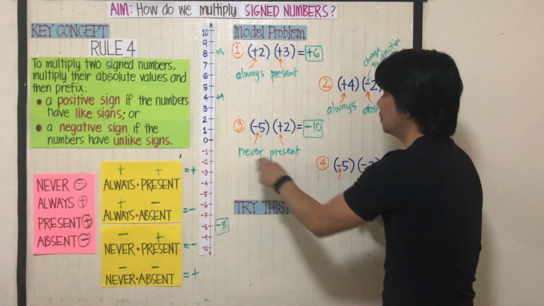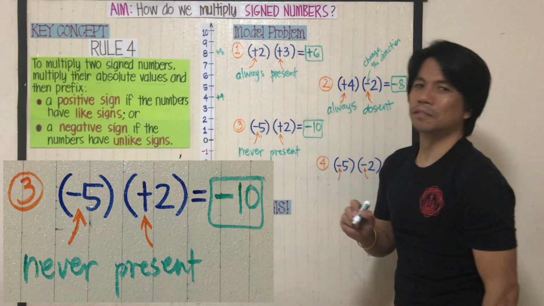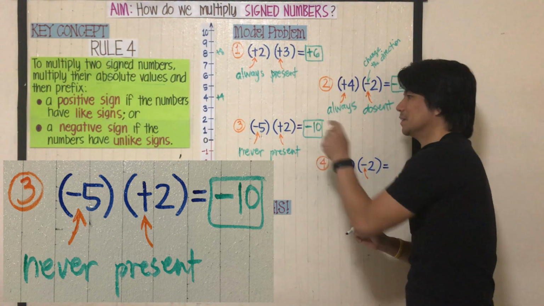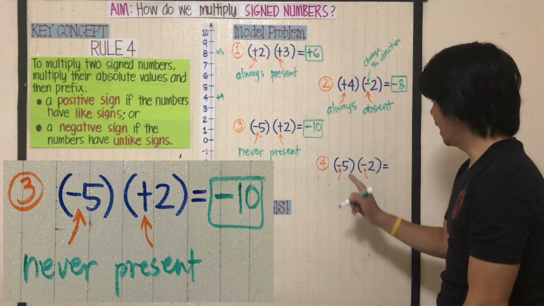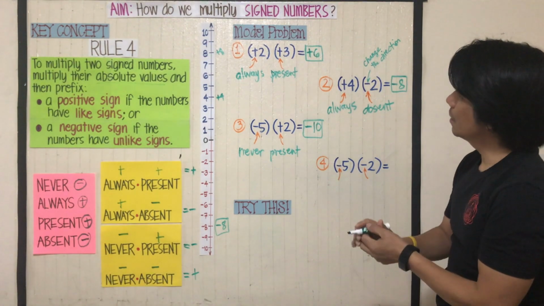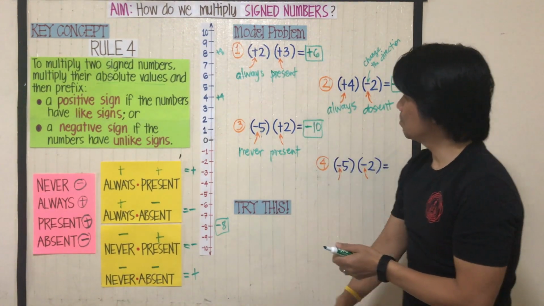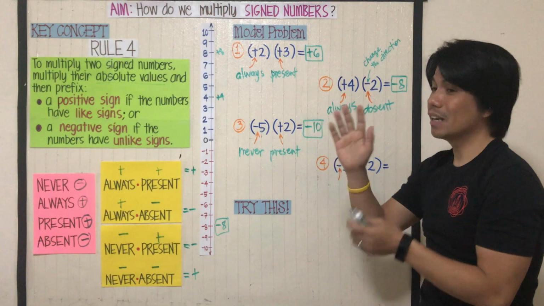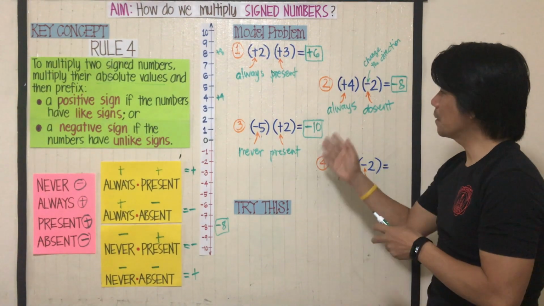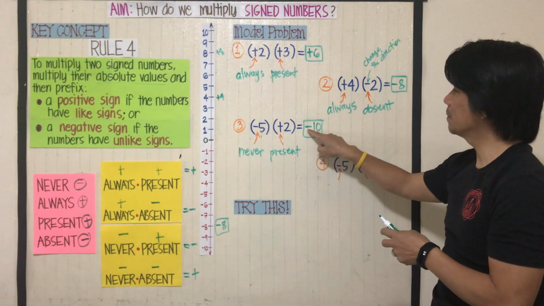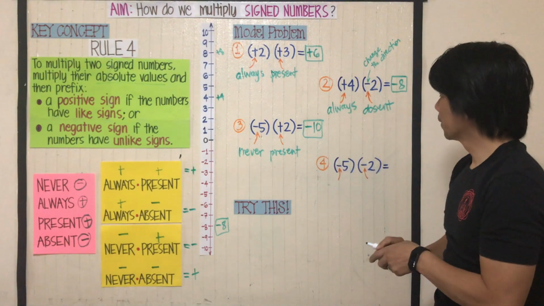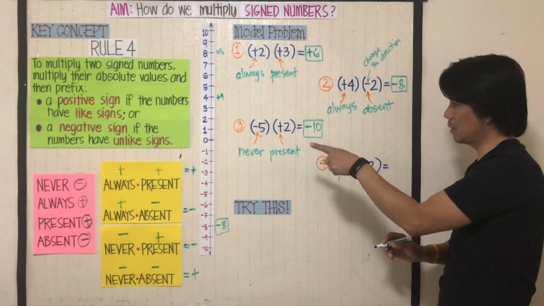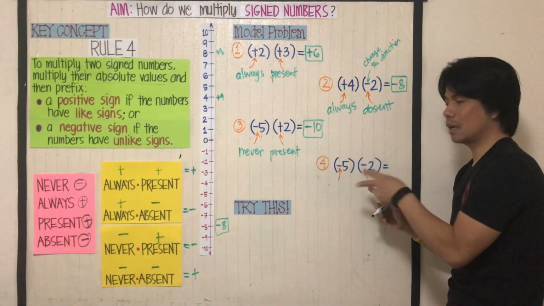So if you're never present, that's negative. You will fail. Got it? Now, how do you verify it using the number line? I'm going to leave it to you. Figure out how to find negative 10 on the number line yourself.